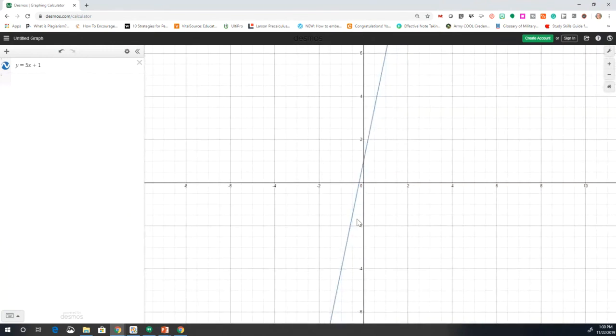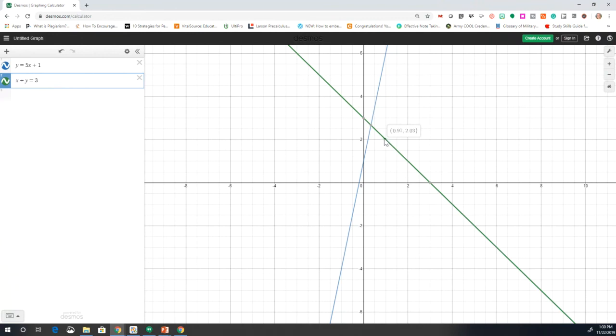And then you can see that it graphs it. That other one that we did, the x plus y equals 3, you can just type that in, and it graphs that one. So Desmos will graph these, but it doesn't tell you values unless you click, and then you can kind of drag, and then you can see certain values. But Desmos will also graph these without doing ordered pairs.